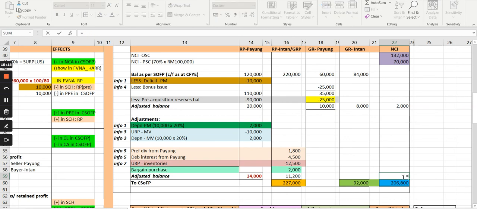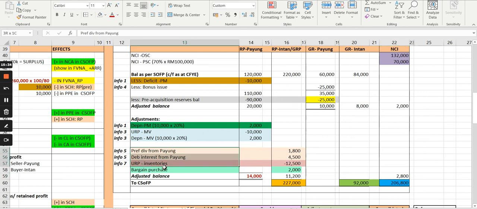And the non-controlling interest or non-controlling shareholder will have that difference, which is 2,800, or you can also take 20% from 14,000. Okay, these few things here that I'm highlighting are those things that would affect the parent.